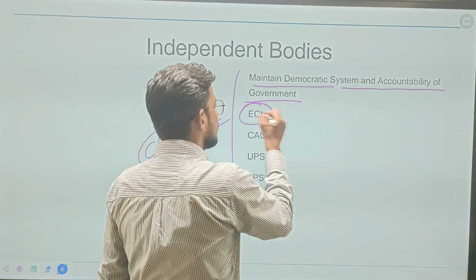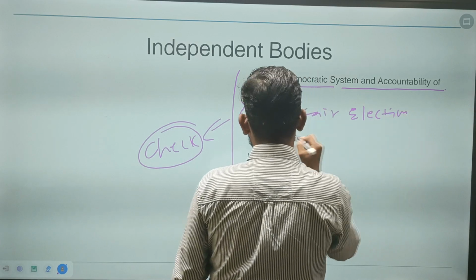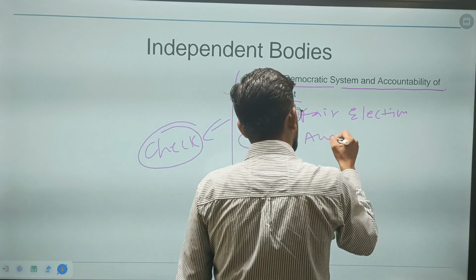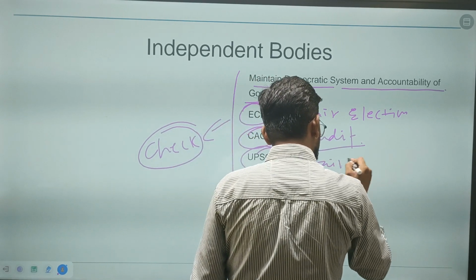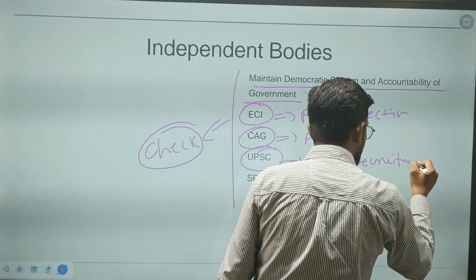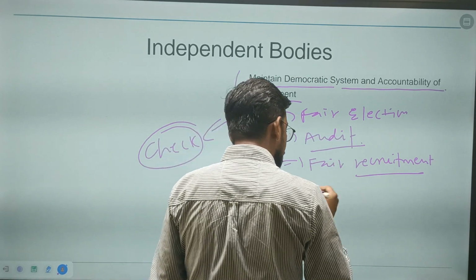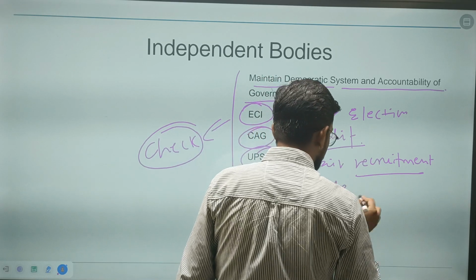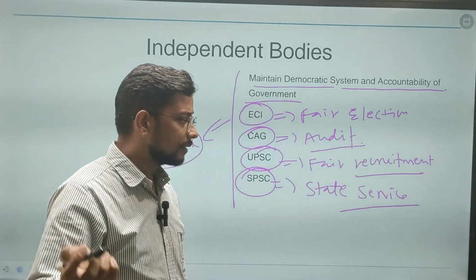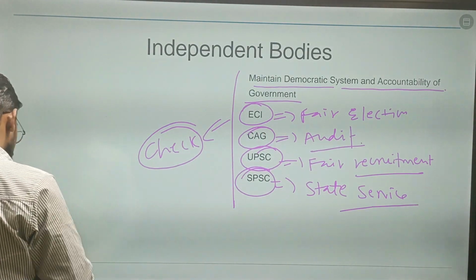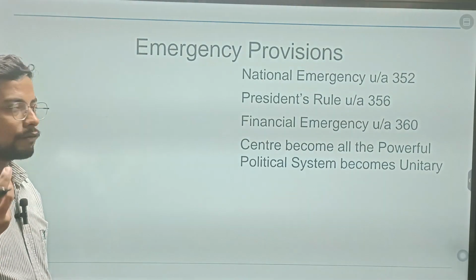For example, ECI ensures fair elections, CAG audit, UPSC fair recruitment, and because of that you are preparing for the exam. State PSC does the same for the state service exams, or simply we can say class 2 or class 3 exams. So these are the institutions which maintain the democratic fabric of our nation.